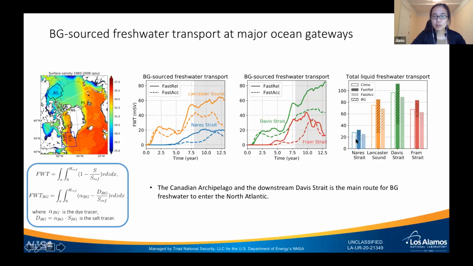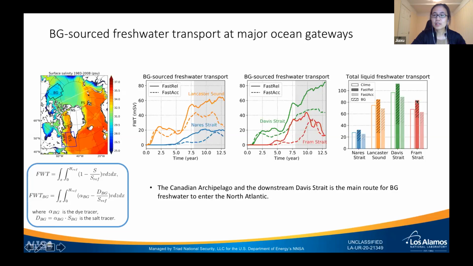But another important part is we further put the Beaufort gyre component into the dash. So we see the increase is mostly caused by the Beaufort gyre component. It is the same thing for the Lancaster Sound and the same thing for the Davis Strait. But the Fram Strait is a different story.